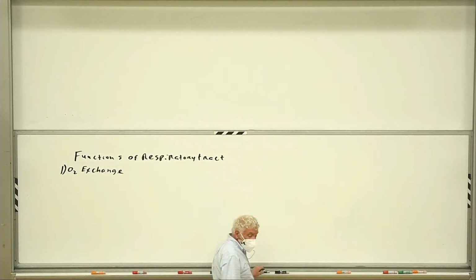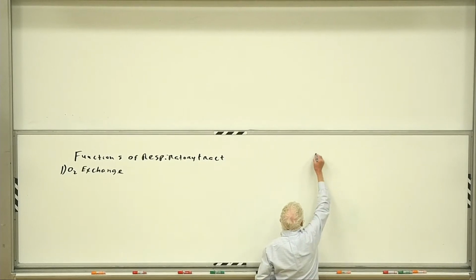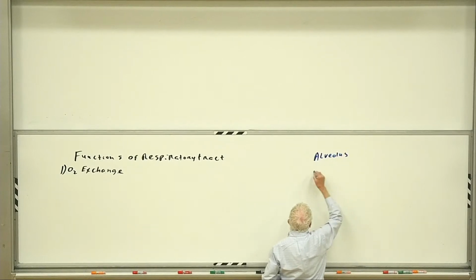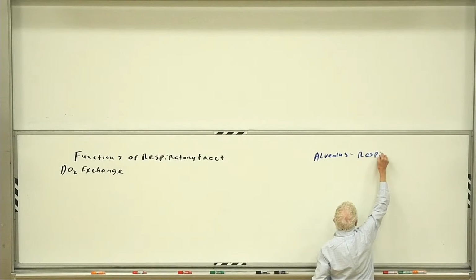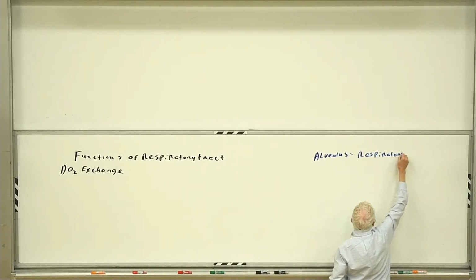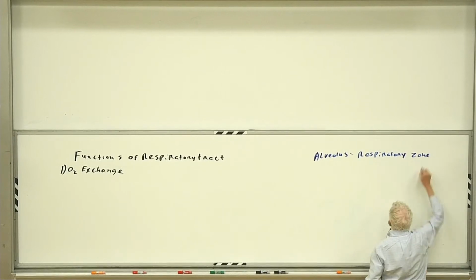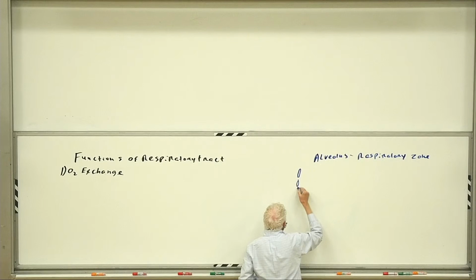I'm going to draw this structure up here as though it were a box, but in fact, this structure we call the alveolus, as part of the respiratory zone. Normally, these epithelial cells would be organized as a kind of sphere.